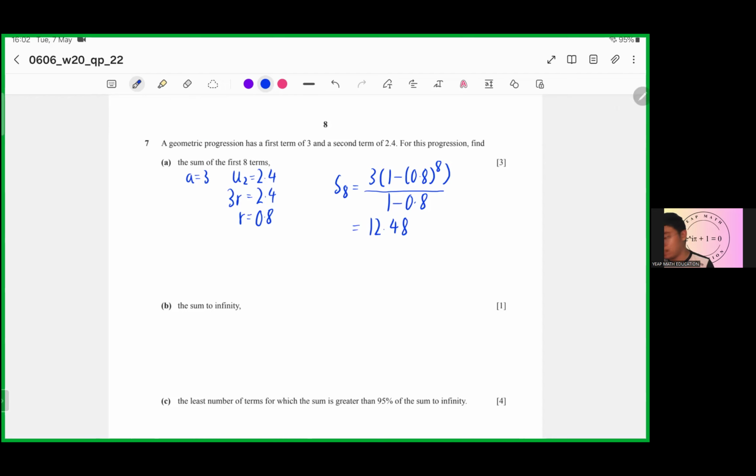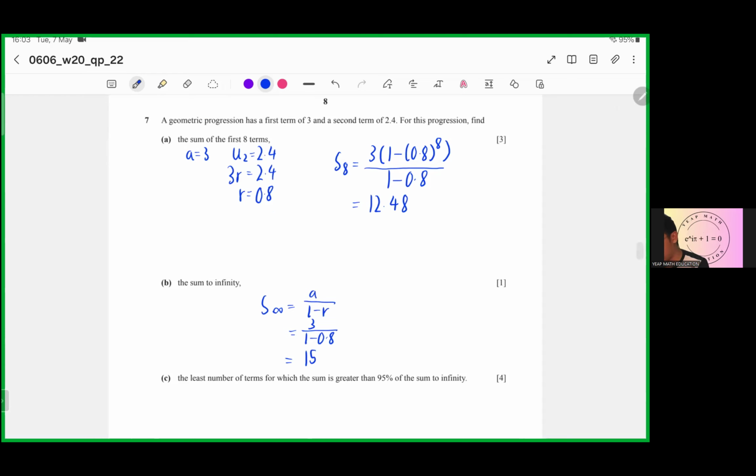Now we see the next question, the sum to infinity. Now we find the sum to infinity, a over 1 minus r. So 3 over 1 minus 0.8. Let's see what the answer is. It equals 50.